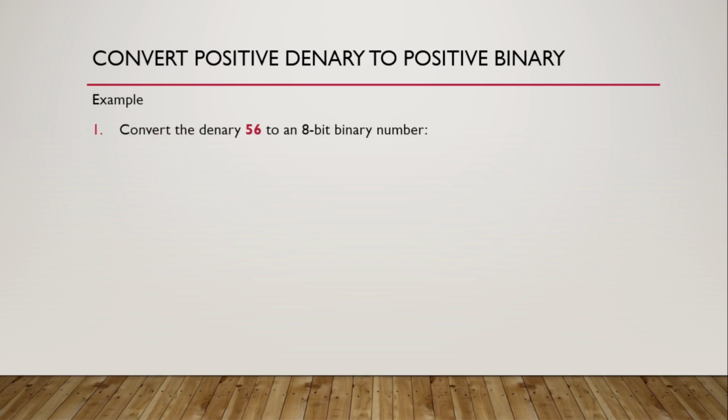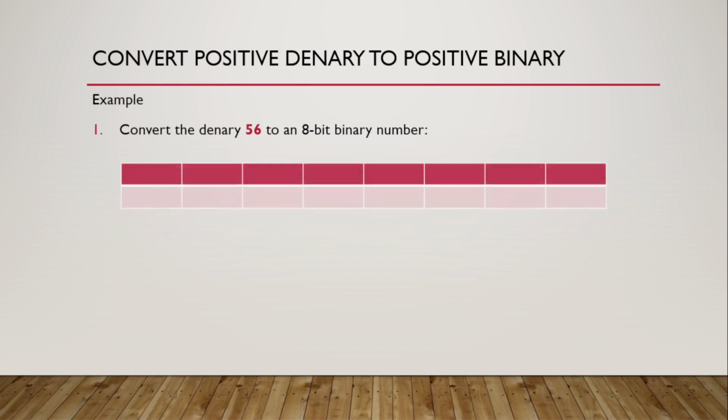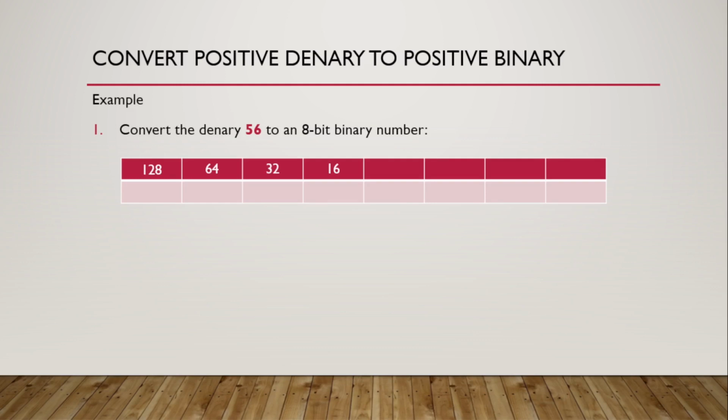We've been asked to convert the denary number 56 to an 8-bit binary number. And we start with our conversion table as recommended in the previous steps we enlisted. Now, the number is 56.